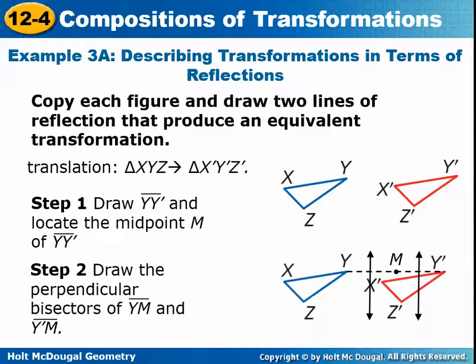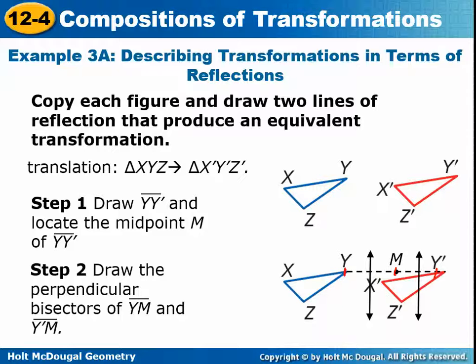So you would start by drawing a line between Y and Y prime, and then find the midpoint. And then you would do a perpendicular bisector of YM. So from here to here, this section, draw the perpendicular bisector, and then from MY, draw another perpendicular bisector. Now, we learned about this in quarter 1, how to make perpendicular bisectors and midpoints and things like that.